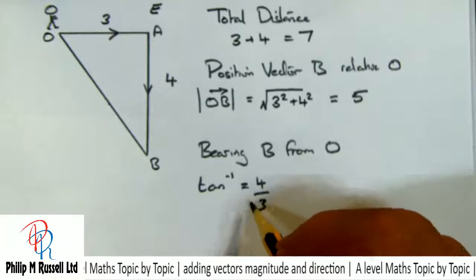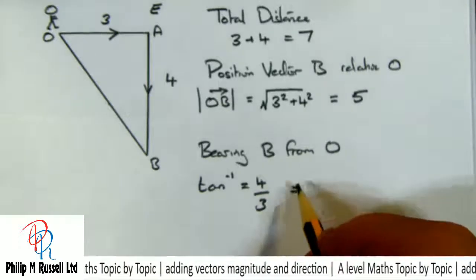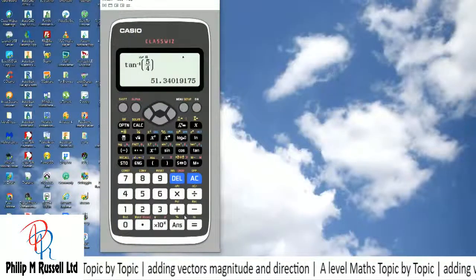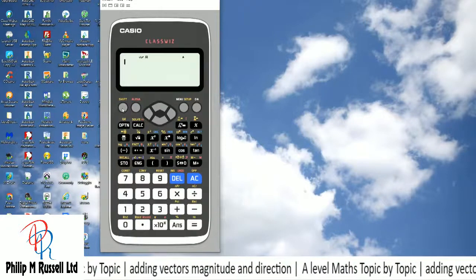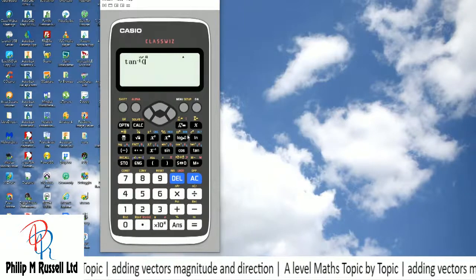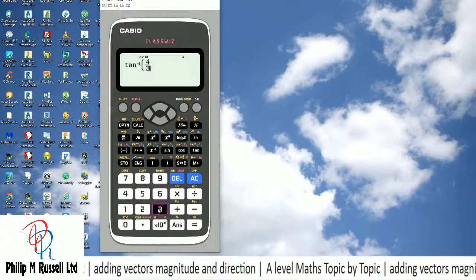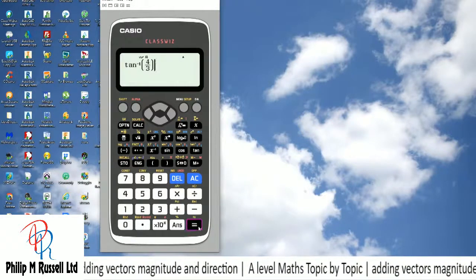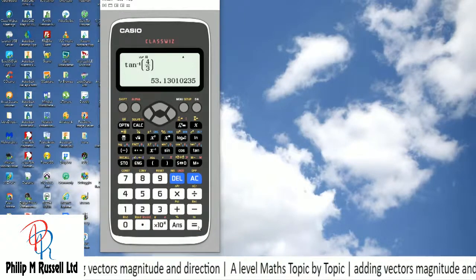All I need to do is go into my calculator and do my tan^-1 of 4/3. And that gives me 53.1.